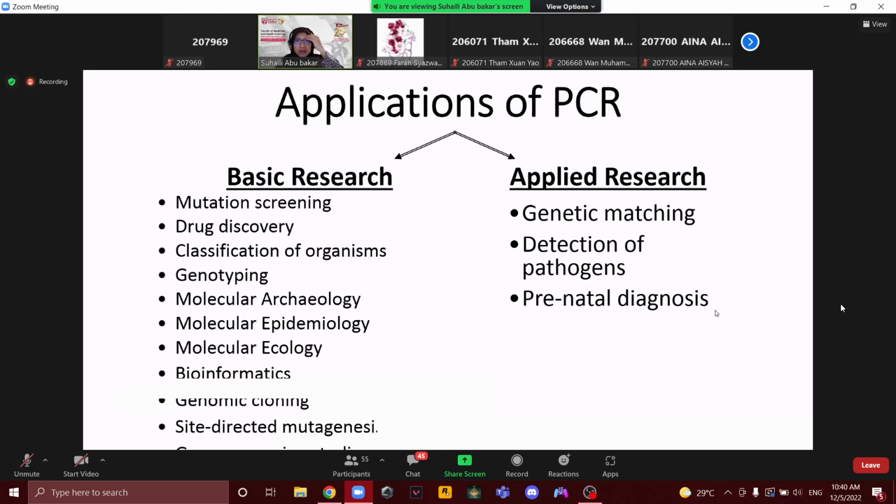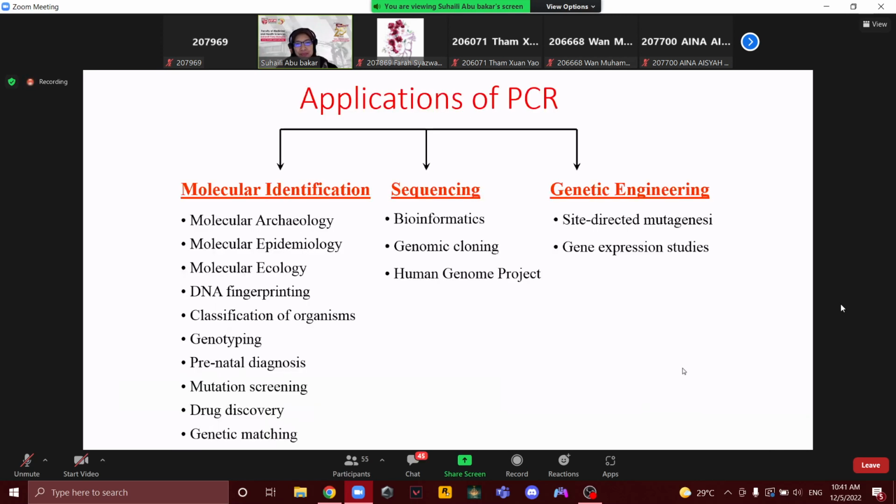Prenatal diagnosis, we want to confirm some abnormalities at the molecular level, not at the chromosome level, at the DNA level. PCR is used to detect mutation at the DNA level. DNA fingerprinting, applied.